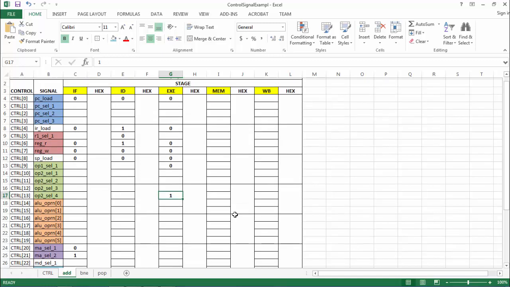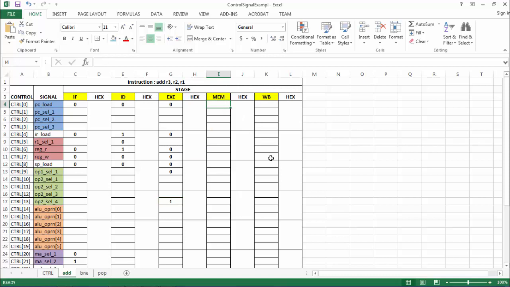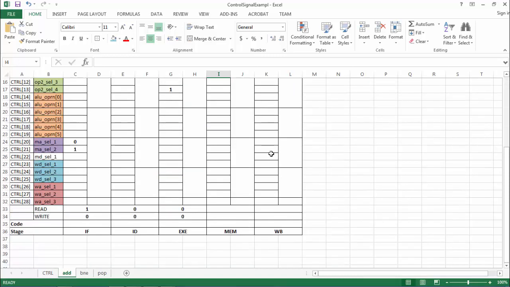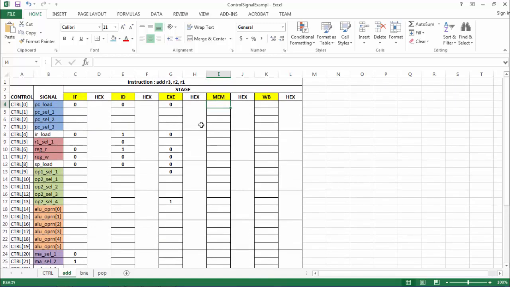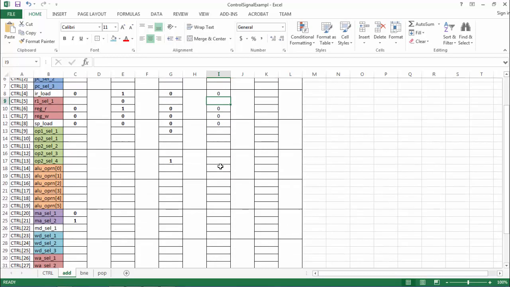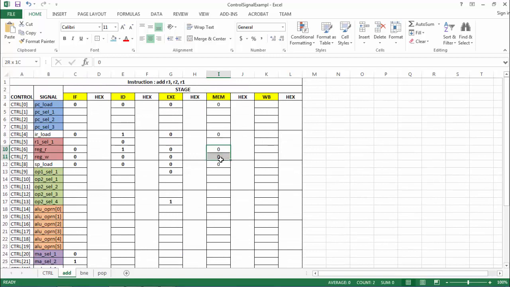Okay, now in the memory phase, there is nothing memory related here, so we are not reading or writing from the data memory for this add instruction. So this has to be 0, IR load has to be 0 and not changing, SP load has to be 0. Let's hold the data from the register, and this doesn't matter right now because we're not doing any read. So this is important, this is important, this is important, right?